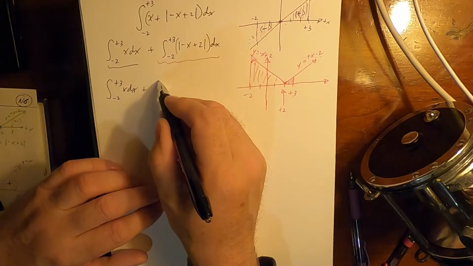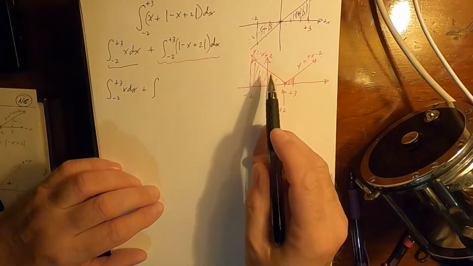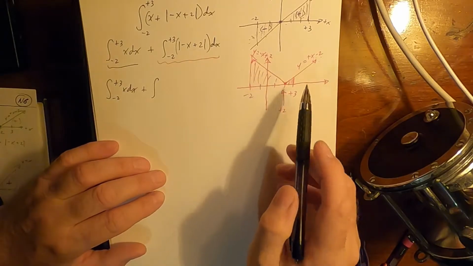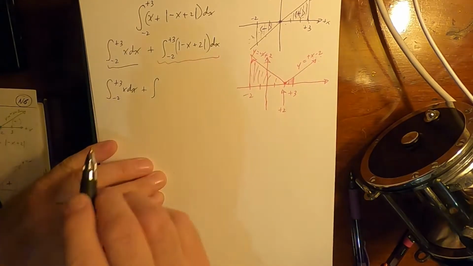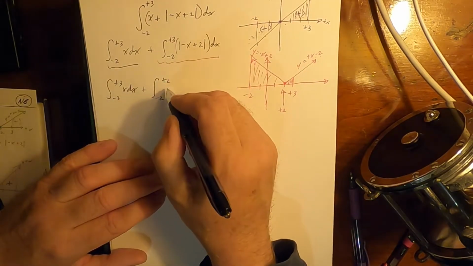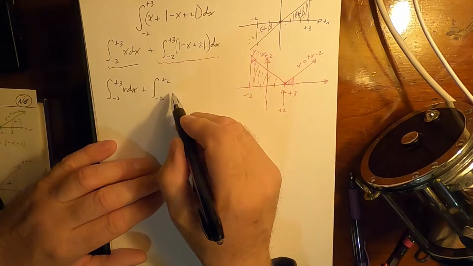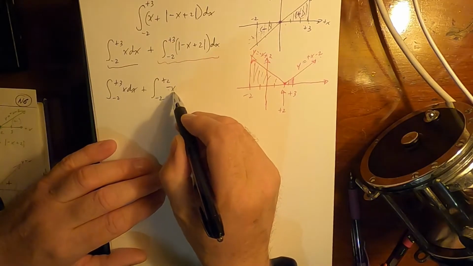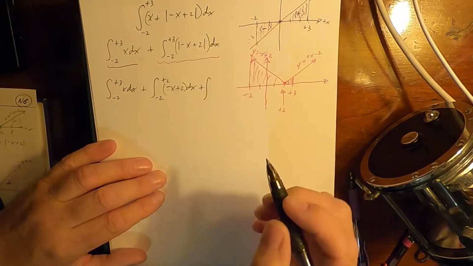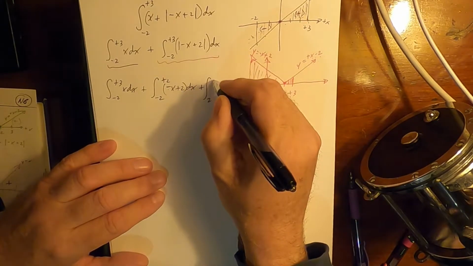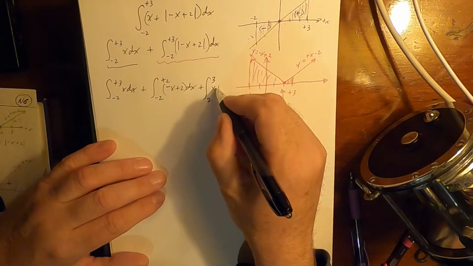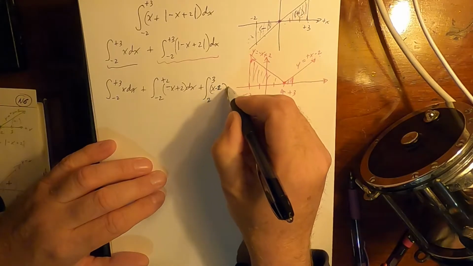But for this guy, we're going to change his limits and put in these functions instead. That would be from negative 2 to positive 2 of minus x plus 2, dx. And then finally, this other integral from 2 to 3 of x minus 2, dx.